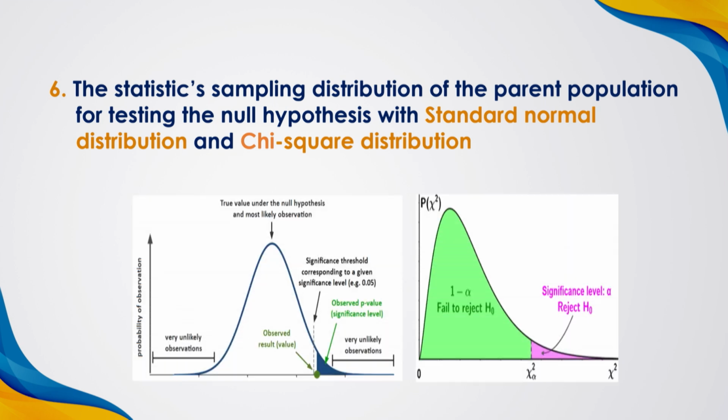These are two distributions having two shapes of frequency curves. The left hand side depicts the shape of the standard normal distribution and the right hand side depicts the shape of the chi-square distribution. Interestingly, the critical values lie on the right hand side.